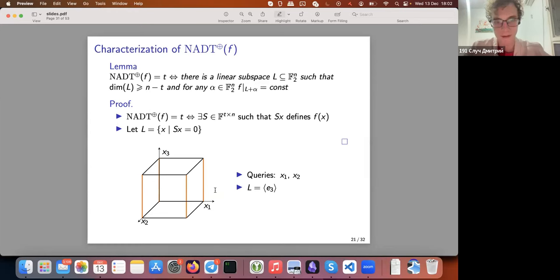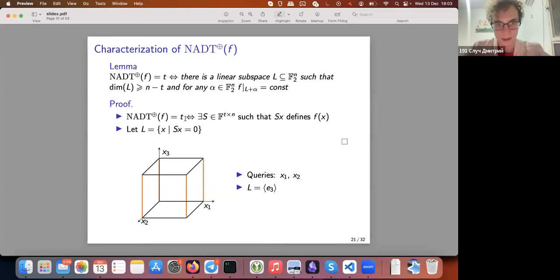Like here, we queried the first 2 bits, and we found a coset of dimension 1 such that f is constant on all of the vectors in the same coset, because we queried only the first 2 bits, so f can depend on the third.